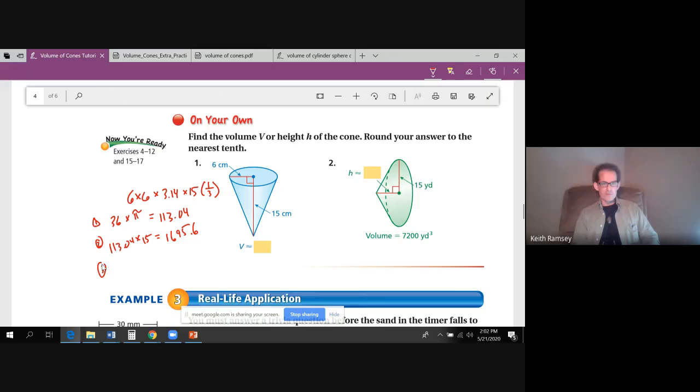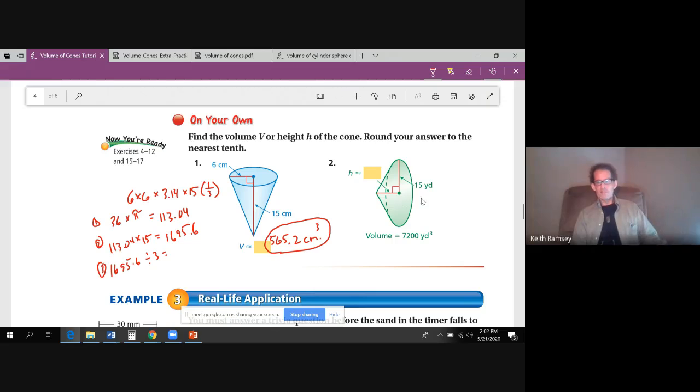So here's step 3. I'd have 1695.6 divided by 3, and that's going to give us our volume, which is going to equal 565.2. This is round to the nearest tenth, so I'm going to say 0.2. This is volume, so I'd say cubic centimeters for this question.